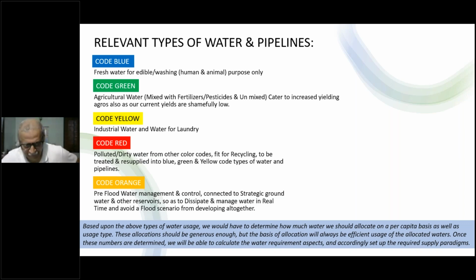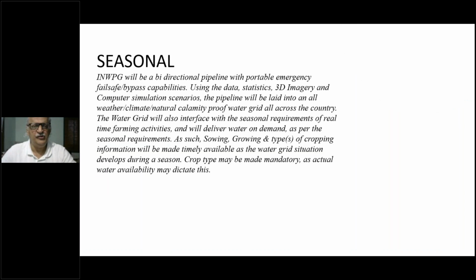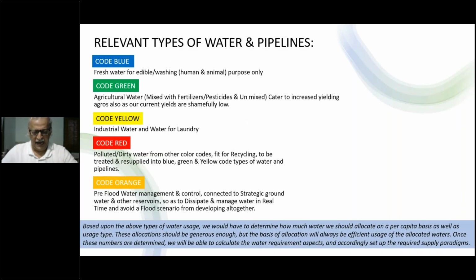Now, based on the type of water usages, we would have to determine how much water we would allocate on a per capita basis. And these allocations should be generous enough, and the basis of allocation will always be efficient usage of allocated waters.